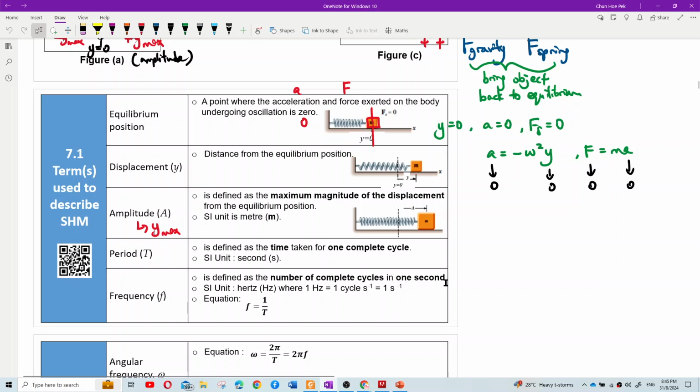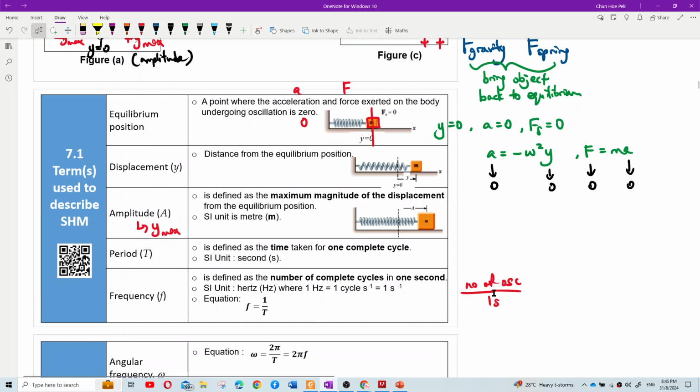That means, yes, you understand, right? Frequency means the number of oscillations in one second. Previously we learned frequency in circular motion, frequency for rotational motion. That means how many revolutions in 1 second.